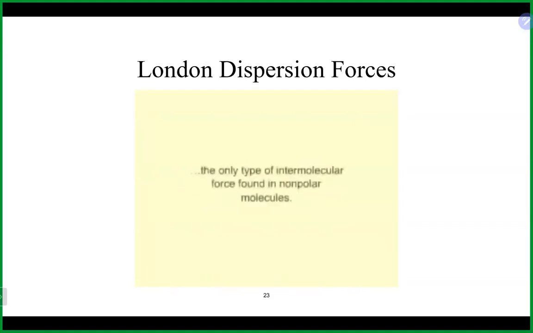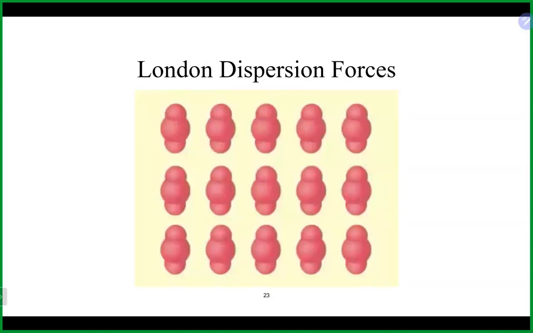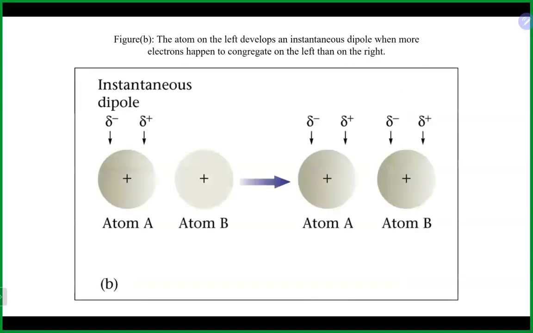London dispersion forces are the only type of intermolecular force found in nonpolar molecules. So as we were talking about earlier, something like CH4, for example, although it does not have the ability to hydrogen bond, is a nonpolar molecule, which means CH4, which is methane, would use dispersion forces as its main route of interaction.